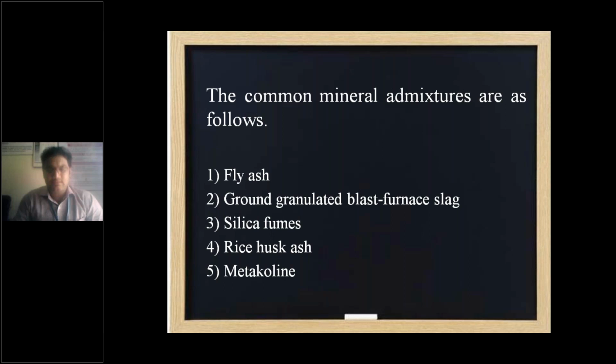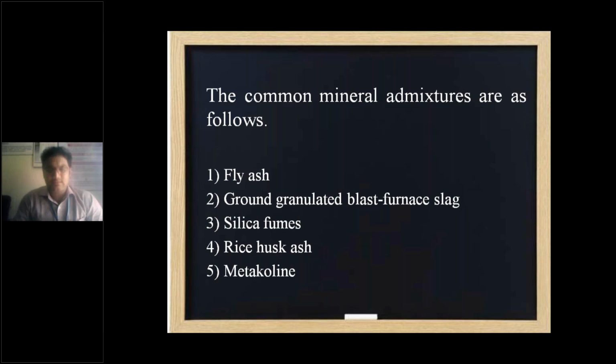That is the reason why we are replacing cement with mineral admixtures which have the same properties. Please try to understand, whenever a material has good chemical properties, it leads to good mechanical properties. If the material has bad chemical composition, it won't have good mechanical properties. Why? Because mechanical property always depends on chemical composition.